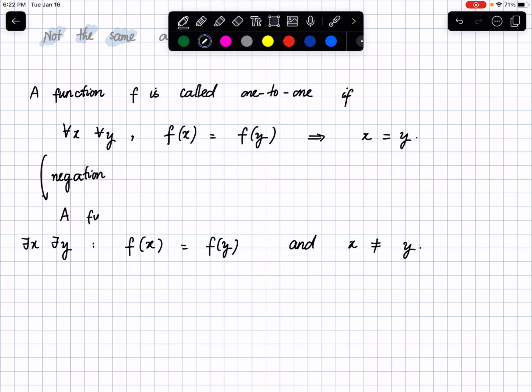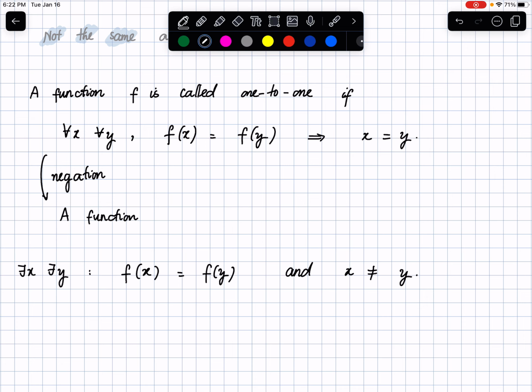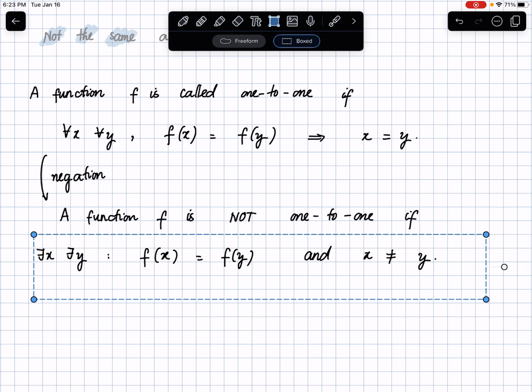So we can write down: a function f is not one-to-one if this condition is satisfied.